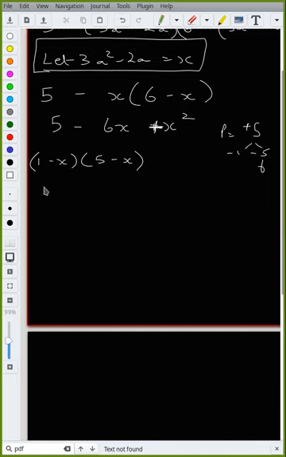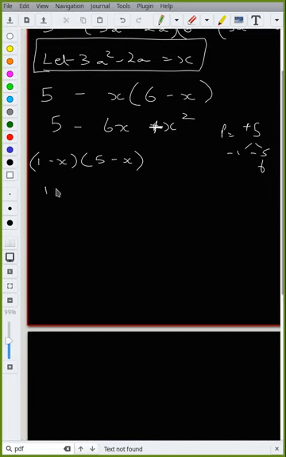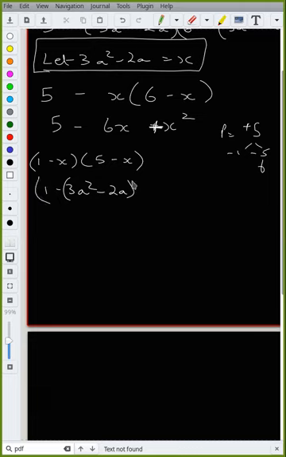Okay, so where are we ending up with the problem here? So we get 1 minus 3a squared plus 2a. Did you take it like this? Did you all do this?